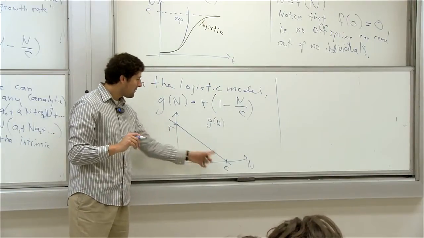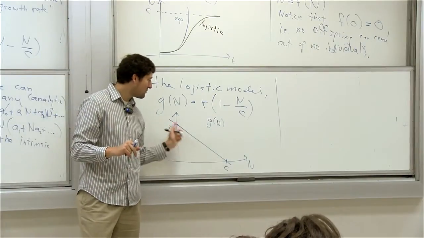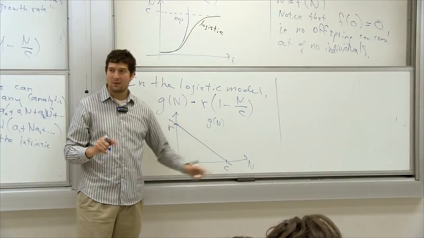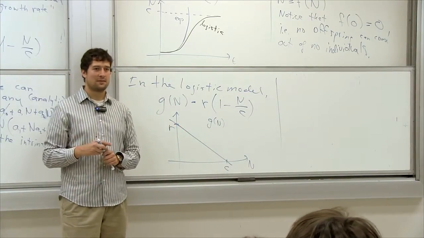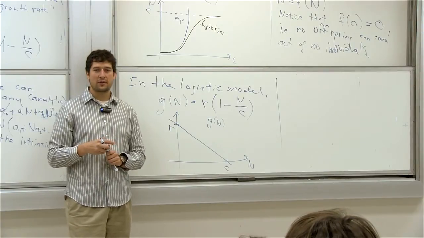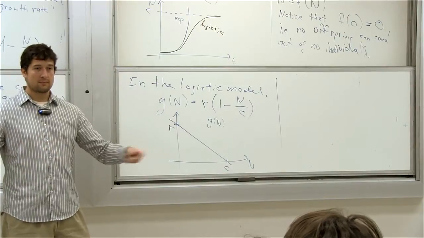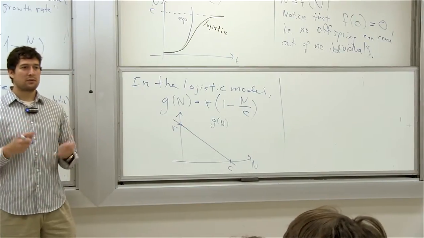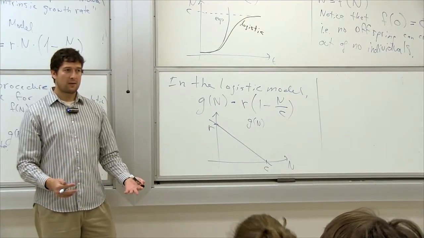Okay, so if you were asking biologically, intuitively, why does it make sense that the intrinsic growth rate is going down? Why is it always going down? Because as the population grows, there's more crowding. Exactly. There's more crowding, there's more competition, there's the same amount of food and the same amount of space, but things get more crowded.